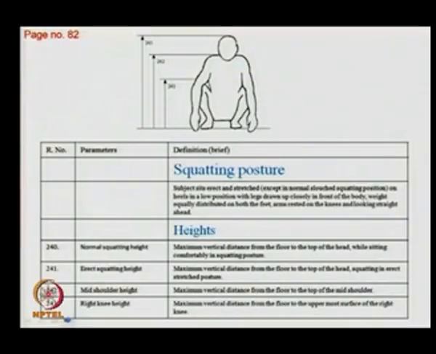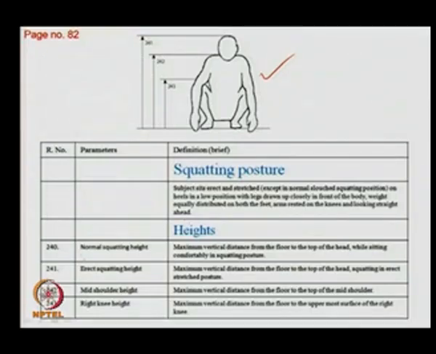Now, a typical squatting posture: the subject sits erect in stretched, except in normal slouched squatting posture on heels in a low position with legs drawn up closely in front of the body, weight equally distributed on both the feet, arms rested on knees and looking straight ahead. This is the standard posture.